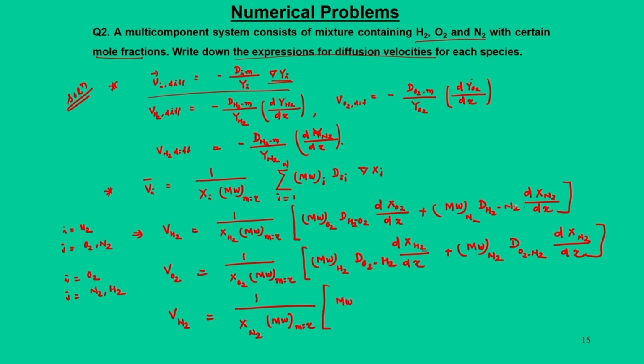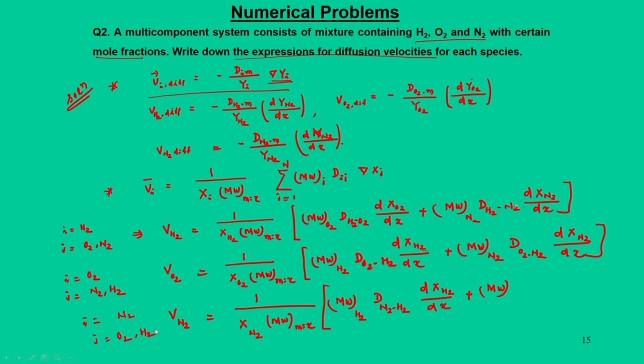We write molecular weight of H2 times d of N2 H2 dx of H2 by dx, plus molecular weight of, here we say I is equal to N2, J is equal to O2.